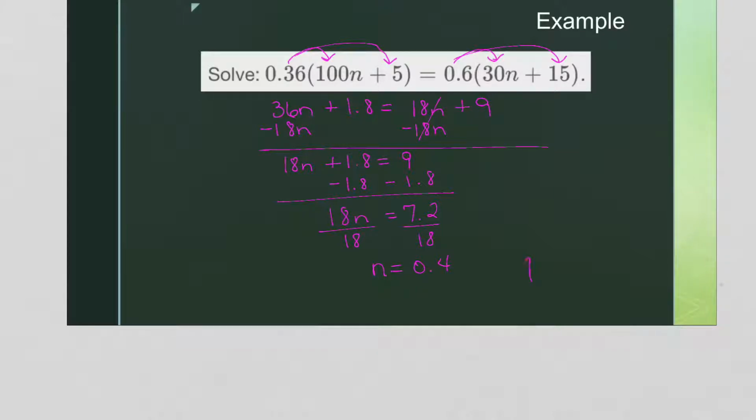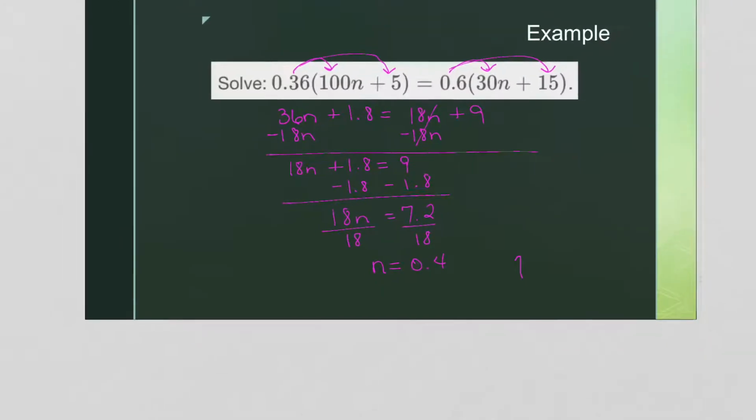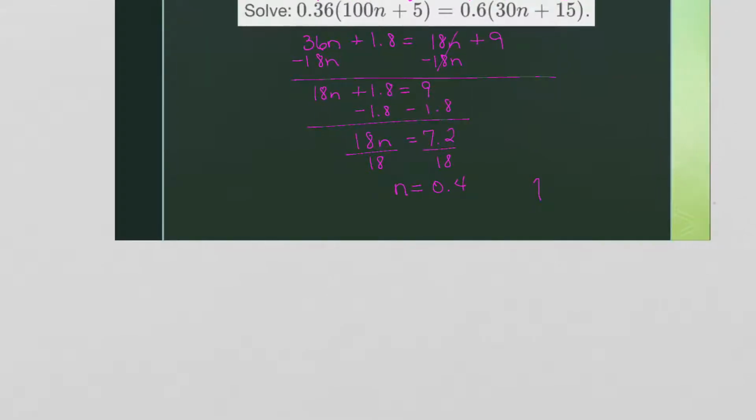So now, to test this out, I am going to take that 0.4 and I'm going to put it everywhere I see n. So I've got 0.36 times 100 times 0.4 plus 5.